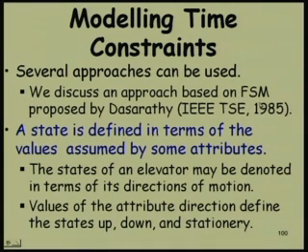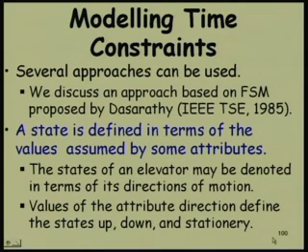Finite state machine, all of us are familiar, and this was proposed by B. Dasarathi. And as I was saying, there are systems where if you model it with FSM, then it can help you generate code, and also FSM is quite intuitive. So, let us concentrate on an FSM modeling of the timing constraints.